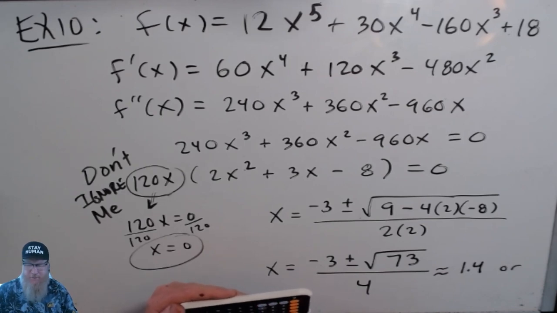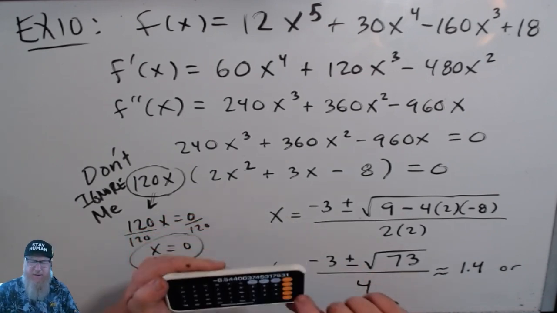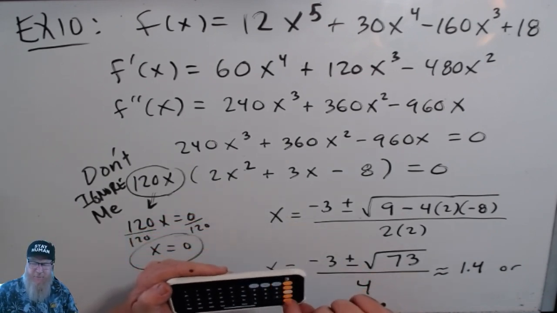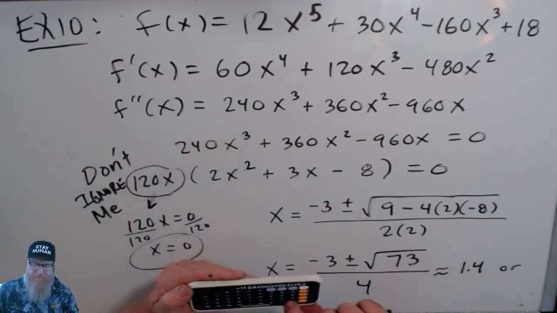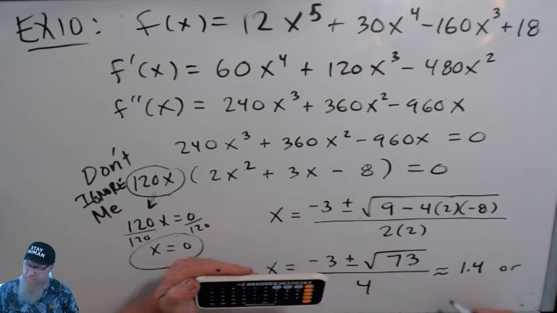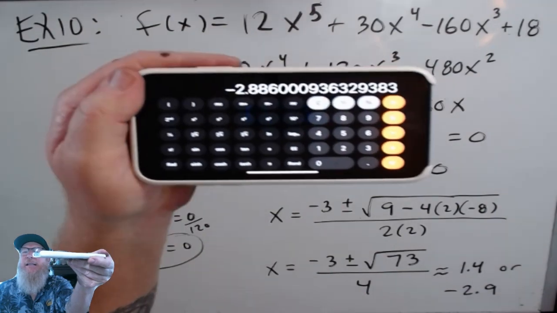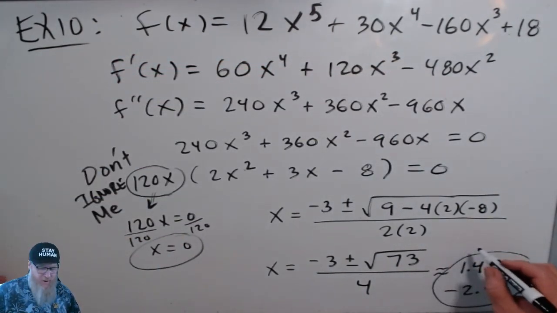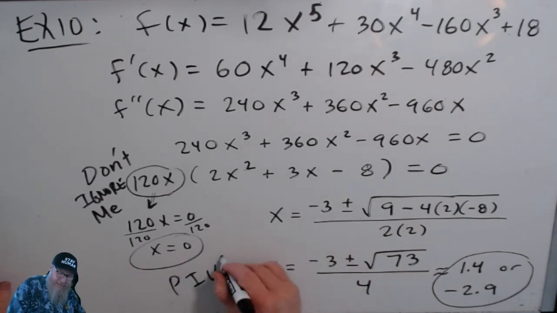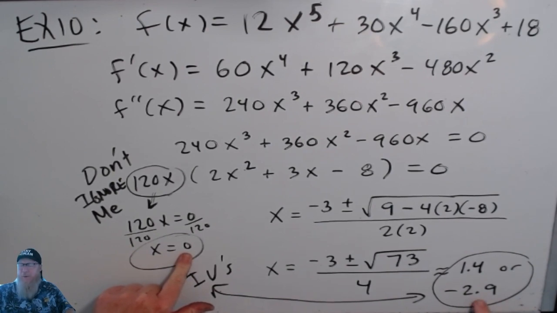Oh, shoot, I hit the wrong one. 73 square root negative minus -3 or plus -3 is -11, and then divided by 4 is -2.9. Yeah, it's -2.88. It's 2.9. So these are our PIVs, right? 0, -2.9, and 1.4.